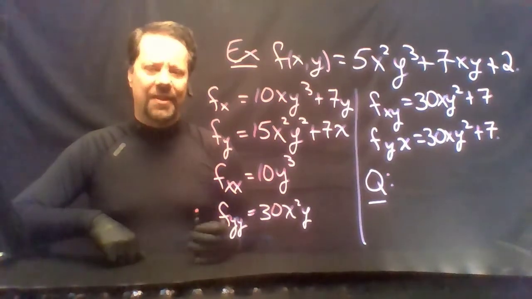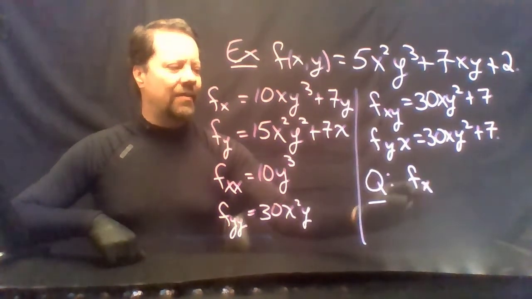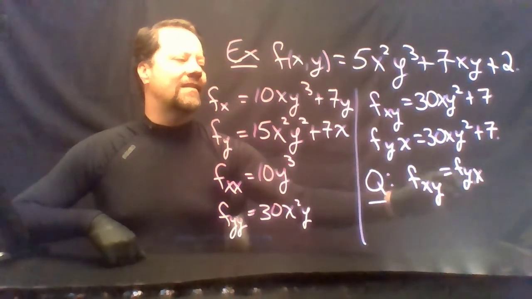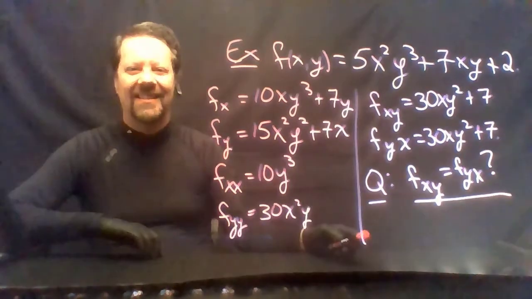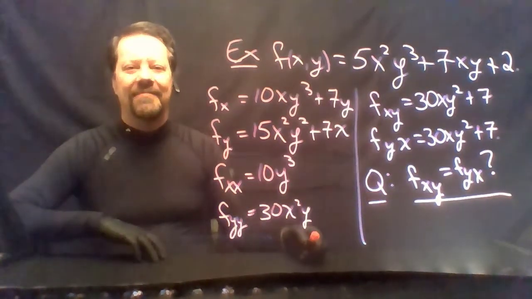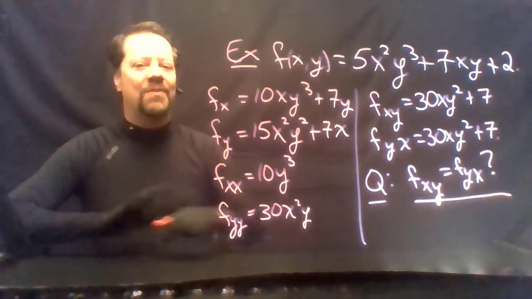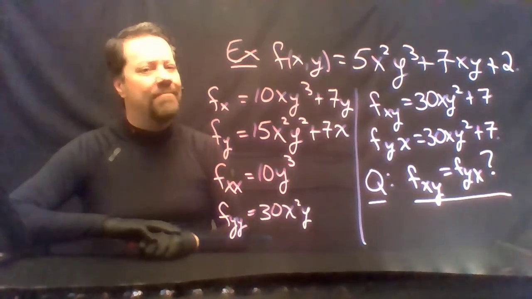The natural question that should leap into your brains is: is it always true that fxy is fyx? The answer is almost. This equation will hold for nice functions, but for other situations, maybe it won't.